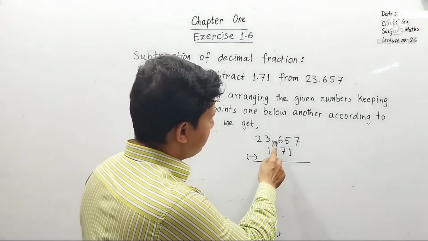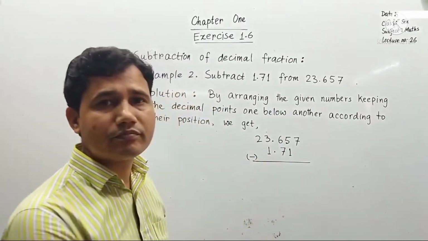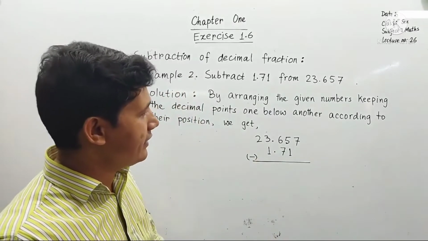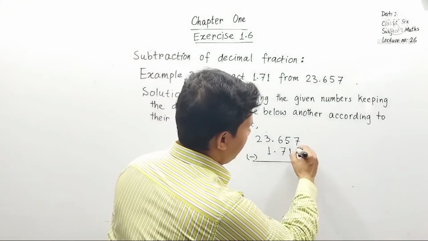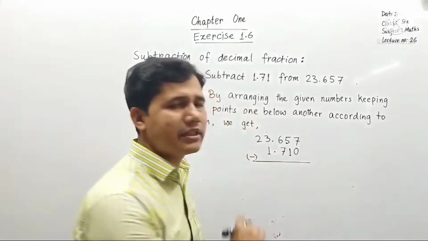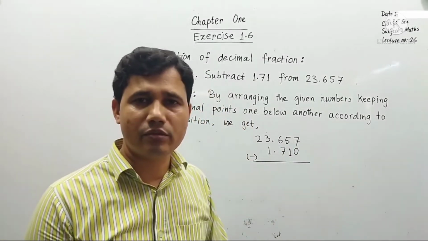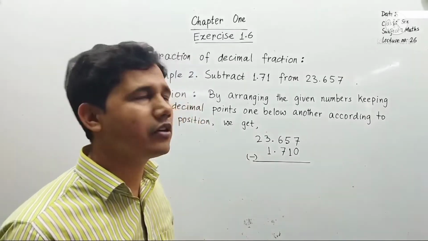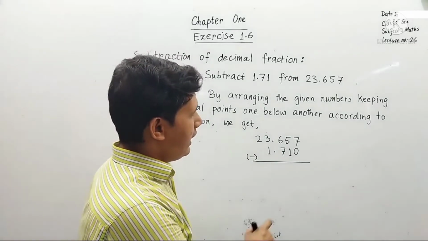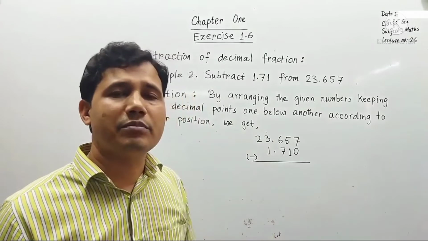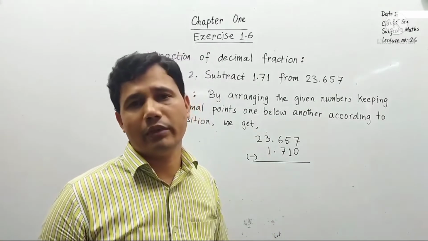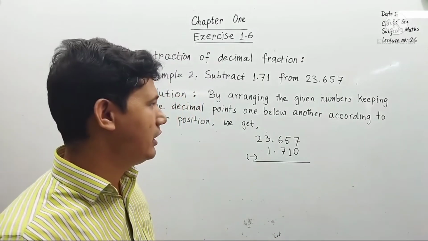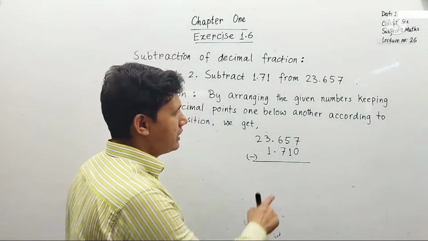Look here, the decimal points are one below another. And in this blank space, you will give 0. You can give 0, right? Got it? Okay, good. Now you can subtract like a normal subtraction.